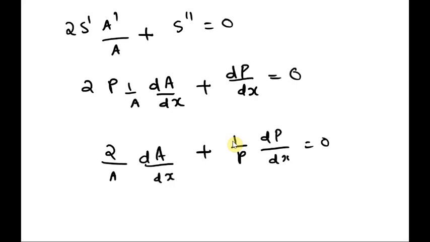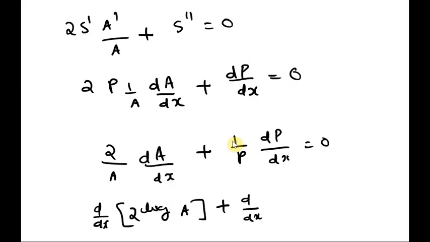I can modify this equation in this form. So this is nothing but d by dx of 2 log a. If you take the derivative, it's nothing but 1 by a dA by dx. Plus another term is going to be d by dx of log p, which is equal to 0.